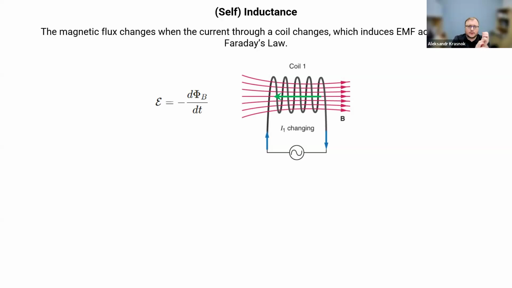electromotive force. Okay, so you apply the current, this changing in time current creates a changing in time magnetic field. This magnetic field changing in time creates the electromotive force in this coil, which creates the current which is opposite to the original one, which creates the magnetic field that tends to reduce the change of the magnetic field.